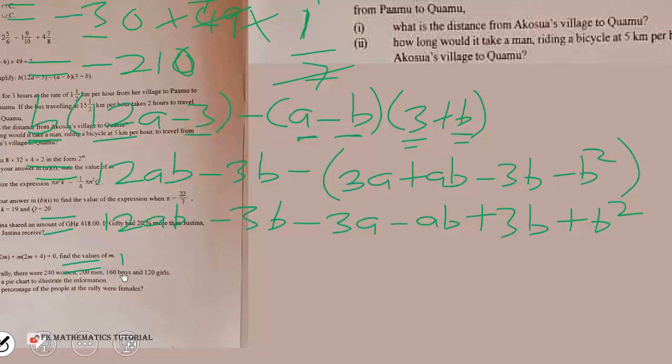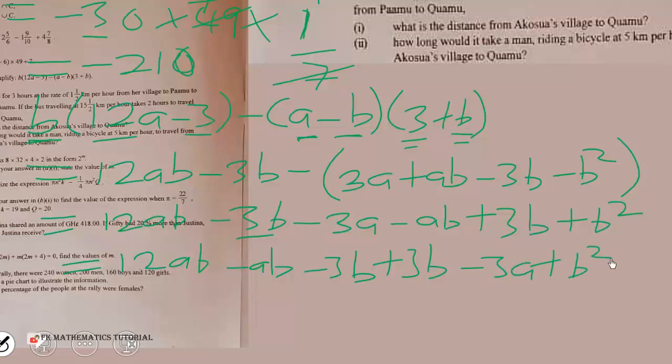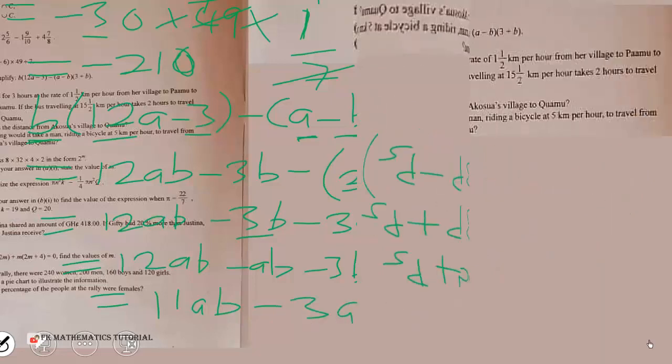We'll get 12AB minus AB, then minus 3B plus 3B, then we have minus 3A plus B squared. So 12AB minus AB is 11AB, then minus 3B plus 3B is 0. We have minus 3A plus B squared.